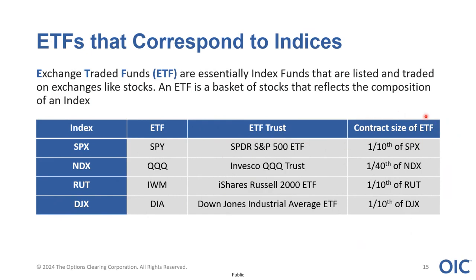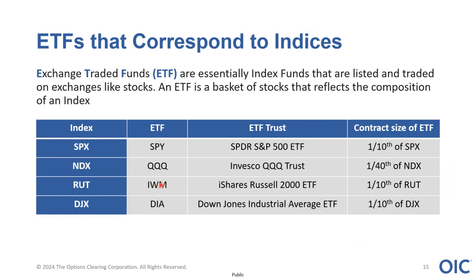And the contract size of these ETFs is generally much smaller than the full index size. In the case of the SPX, the SPY, or the SPDR as we call it, is 1/10 of the SPX. In the case of the NASDAQ, the ETF that corresponds to that is the QQQ, the triple Qs. The trust is the Invesco QQQ Trust, and the size of that ETF is 1/40th of the NASDAQ.